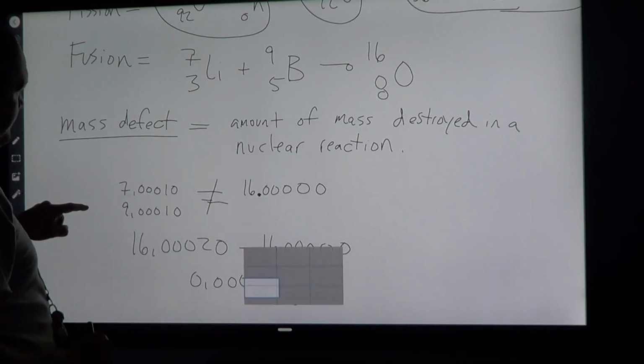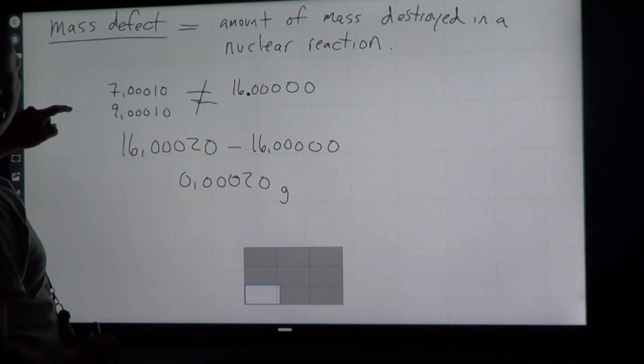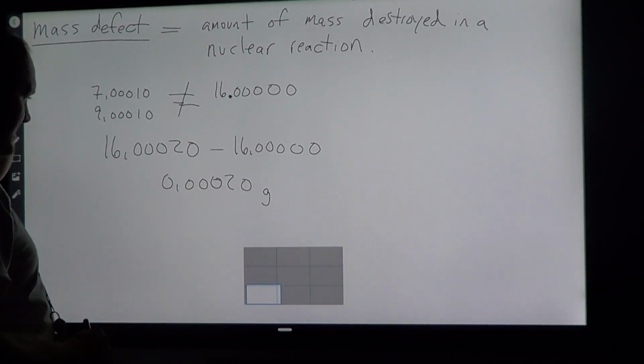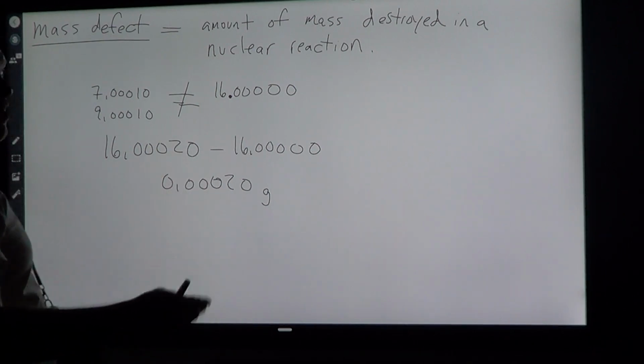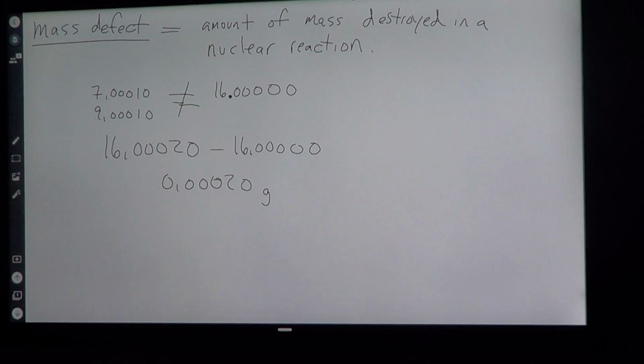So here's what happens. Okay? We've been doing the law of conservation of mass, saying that the mass can never change during a physical or chemical process. And that is absolutely true, because none of the mass is being converted into energy. There is technically no such thing as the law of conservation of mass. There is only the law of conservation of energy.